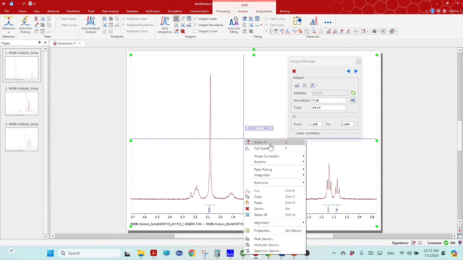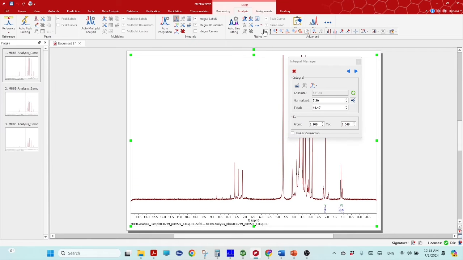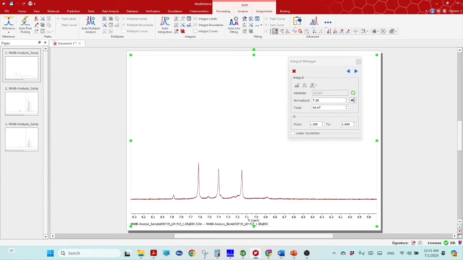Now let's look at the aromatic region. If I zoom into that area, I know all three peaks are each for 2 protons, and all three are from the same compound.